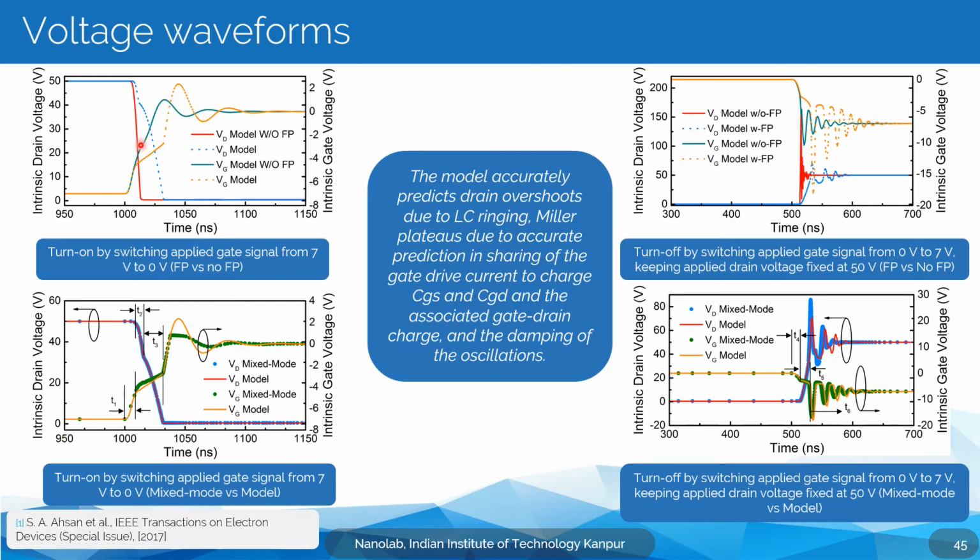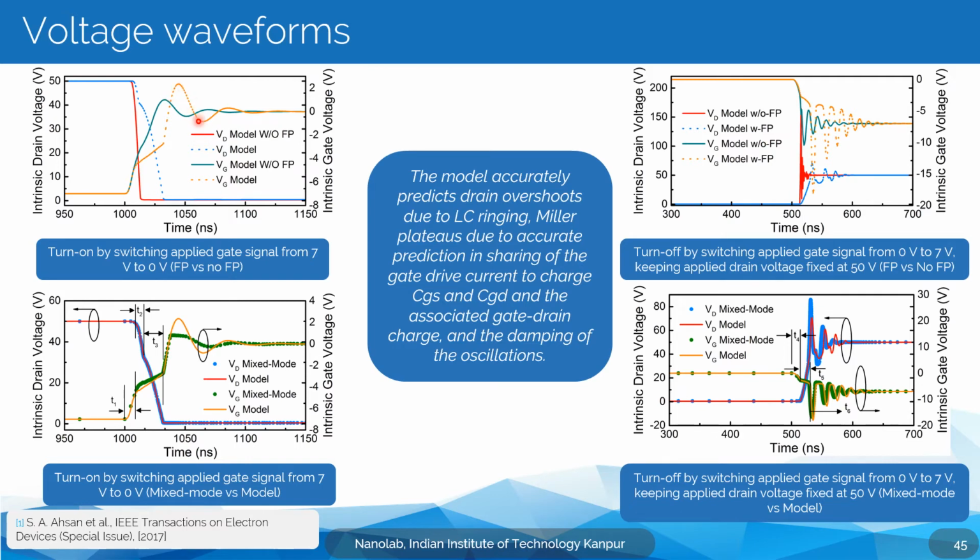As you can see, with the field plate models switched on, the capacitances interact with the system such that there's a delayed ringing, and even the amplitude of the ringing is different, which is very important when it comes to switching circuits.